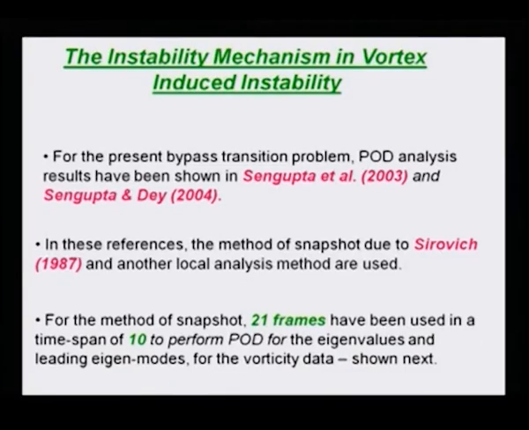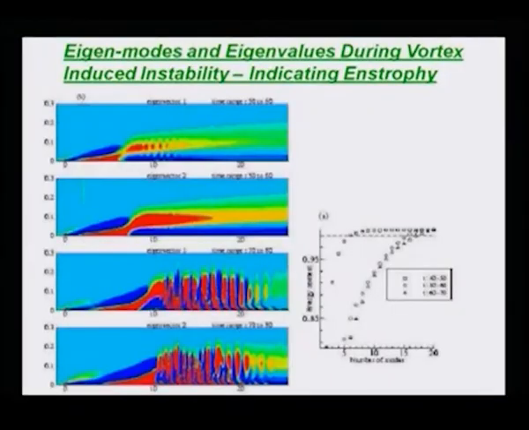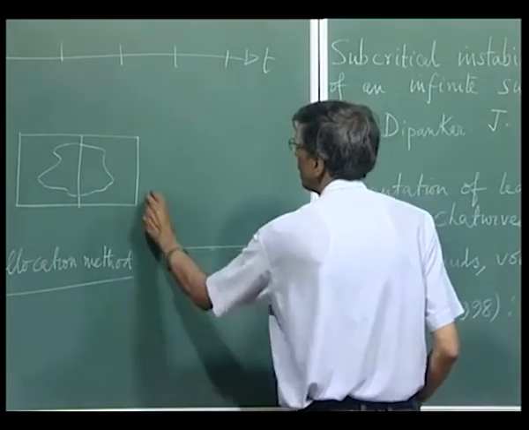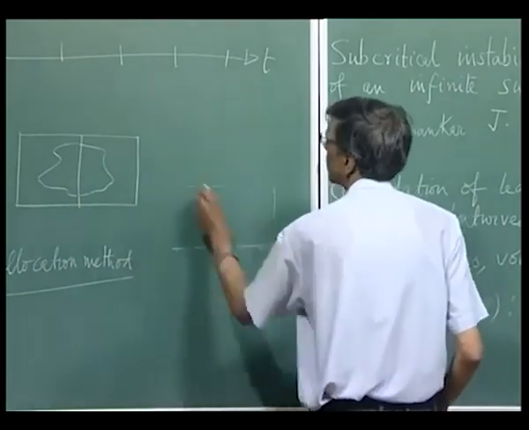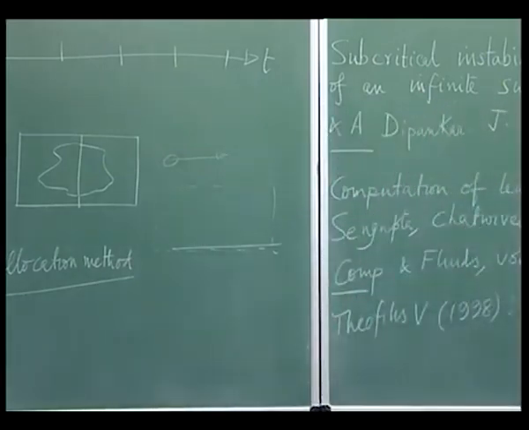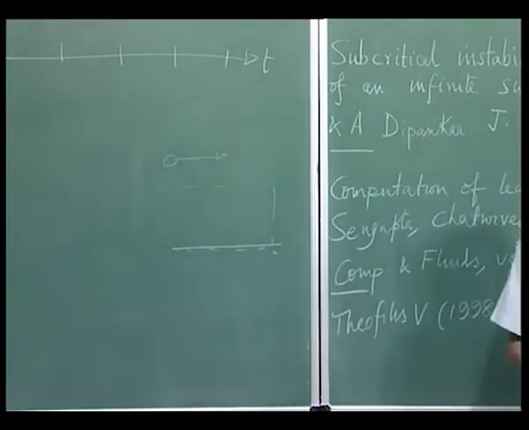So, most of the time we look for POD analysis of the disturbance vorticity field. And what we found is the eigenvalues and the eigenfunctions are as given here. For this simple problem of vortex induced instability, we have this domain, and this is where the vortex is migrating. We can just look at how the flow is evolving.